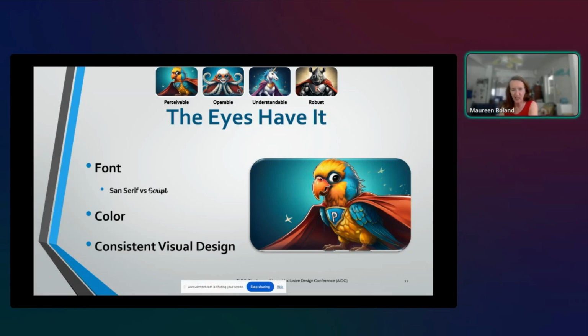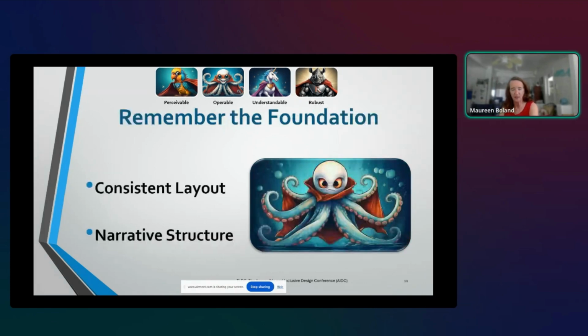We talked about color, and consistent visual design just means that it looks similar. It's like one of these things is not like the other. You don't want to have that, unless you're planning to do that.